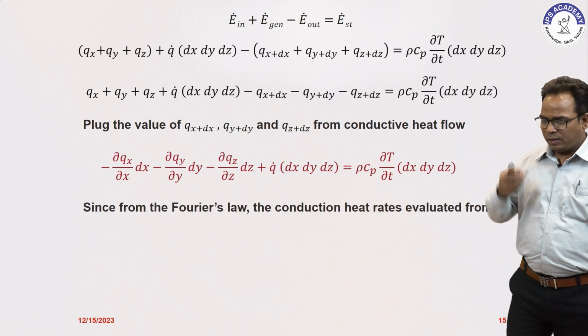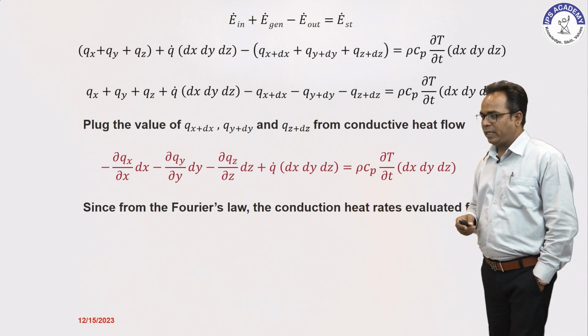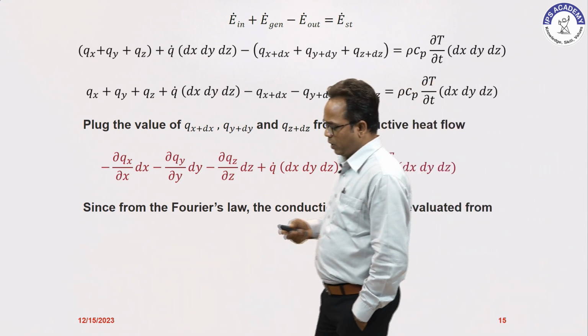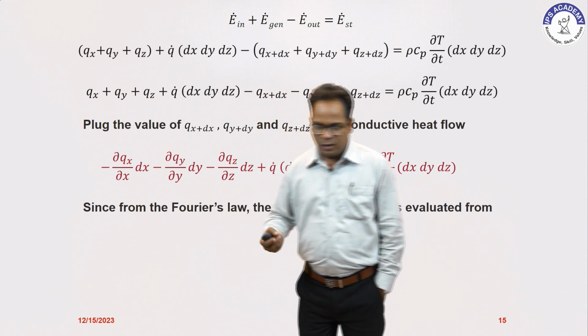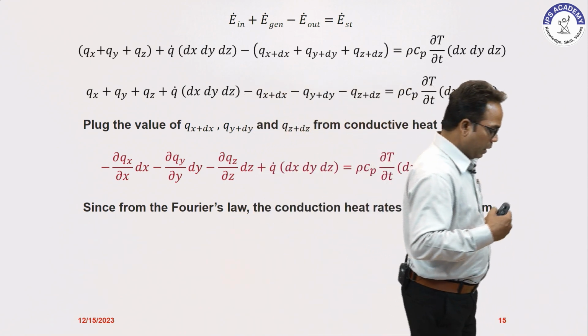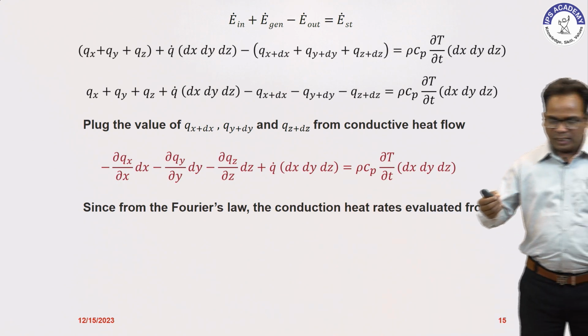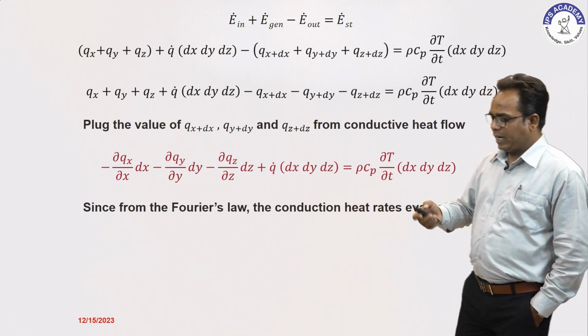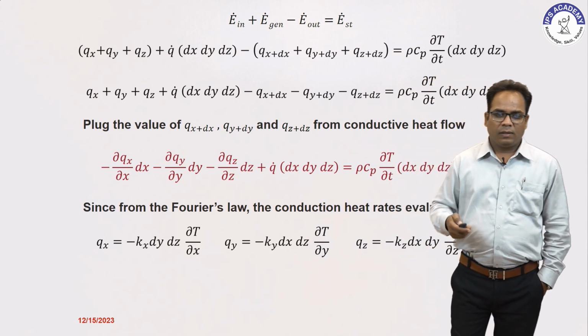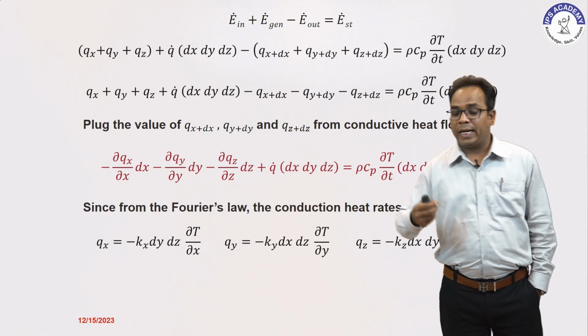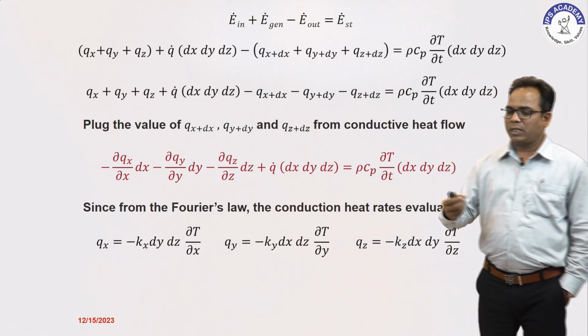Since from Fourier's law of heat conduction, we are familiar as of now with the rate of heat transfer, or the heat flux, that qx is equal to minus k A dT upon dx, where A is the cross sectional area.